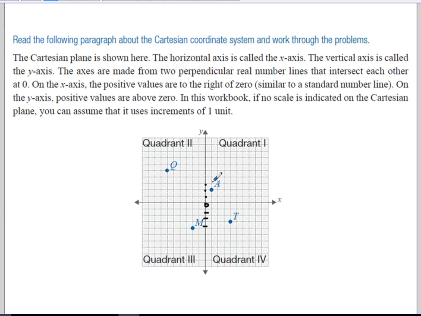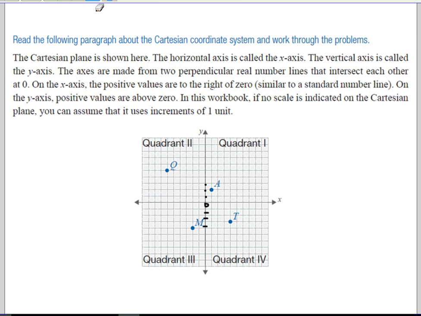If we look back here, notice that we have 4 squares, so to speak, 4 areas in our Cartesian coordinate plane. To name them, you start in the upper right-hand corner with Roman numeral 1, and then you go counterclockwise for 2, 3, and 4.